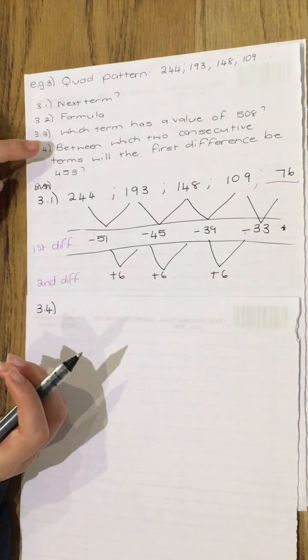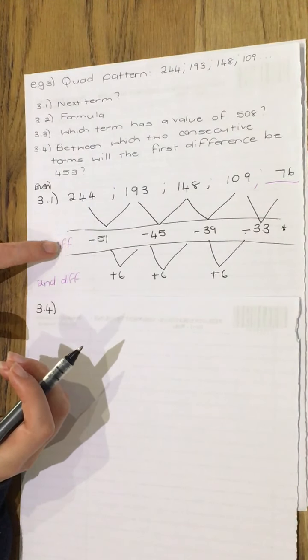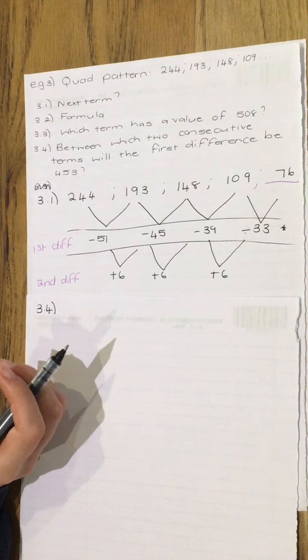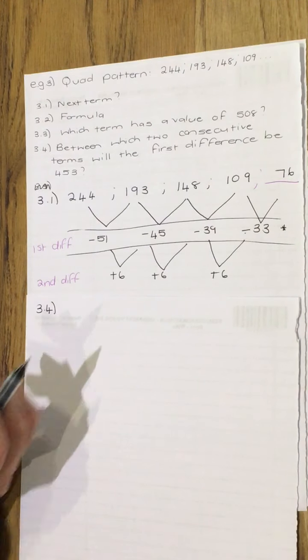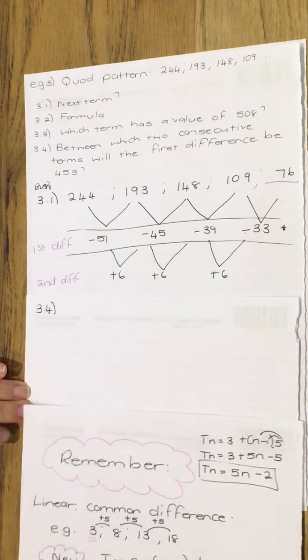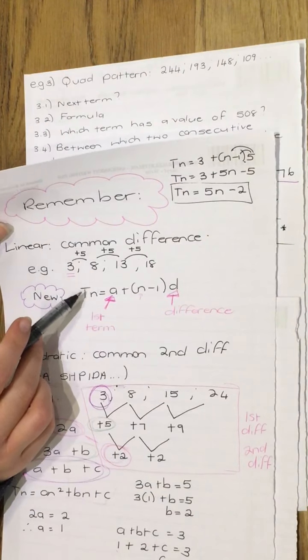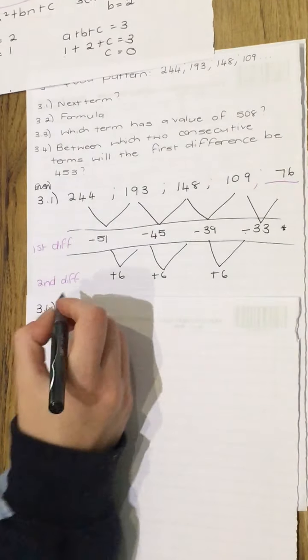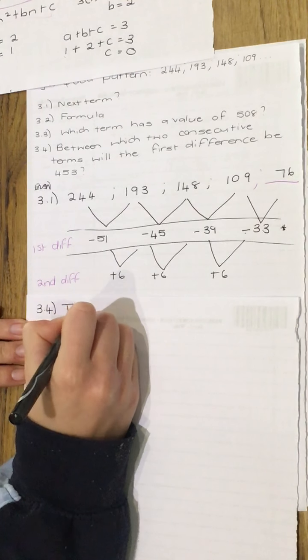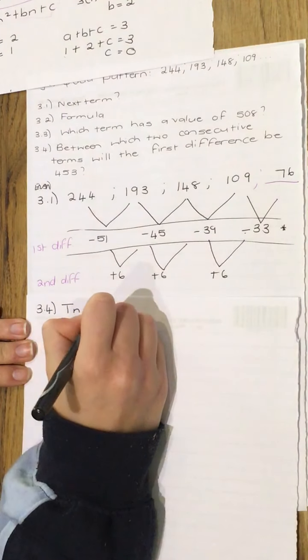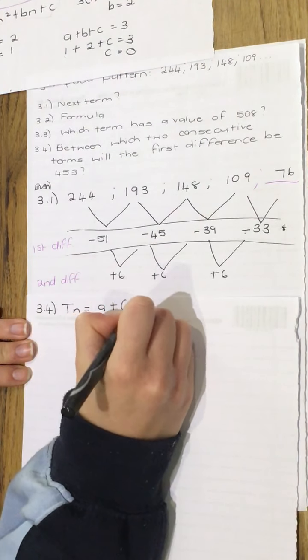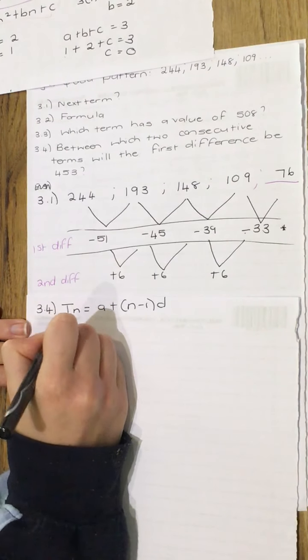And whenever you see this kind of question, you're going to come up with a formula for that linear pattern. Remember, for a linear pattern I've given you a nice easy formula to use. Tn equals a plus (n minus 1)d.